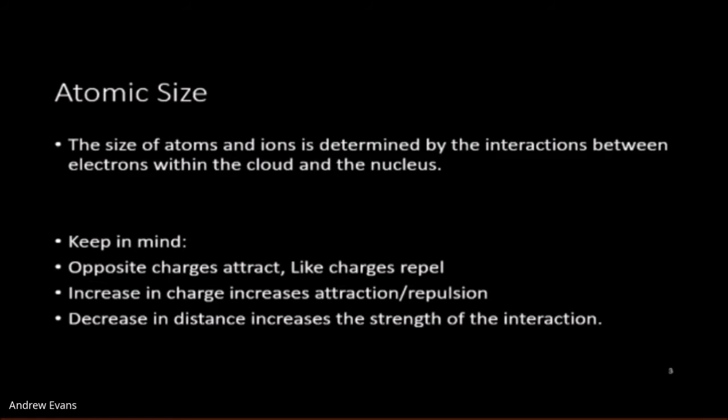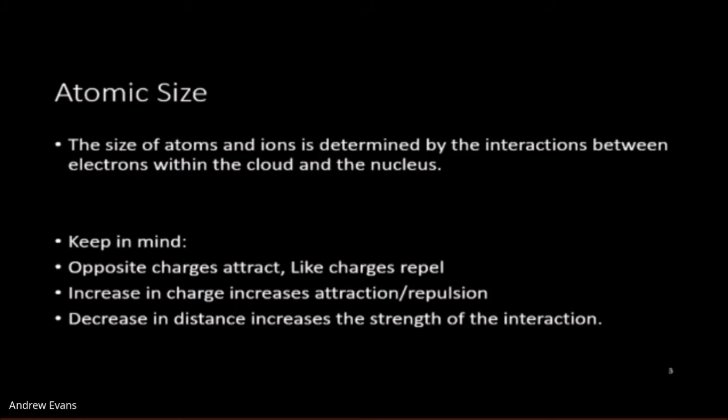The electron cloud is expanded out to be the whole arena. So even if you have a dozen coins in that center of the arena, it's still but a small fraction of the total size. So atoms and ions are all determined by the interaction between the electrons within the cloud and that nucleus.